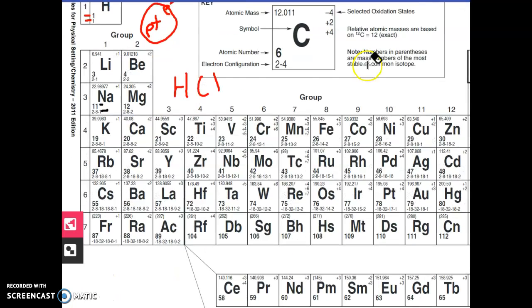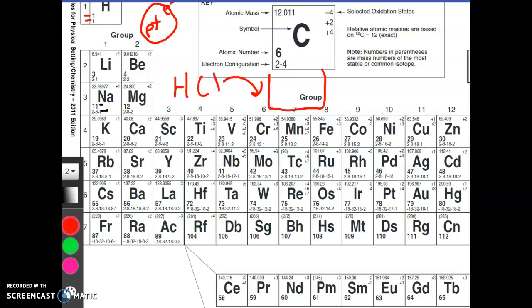So chlorine is going to steal hydrogen's electron. When you put hydrochloric acid into a glass of water, chlorine is going to be negative because it stole the negative electron off of hydrogen.